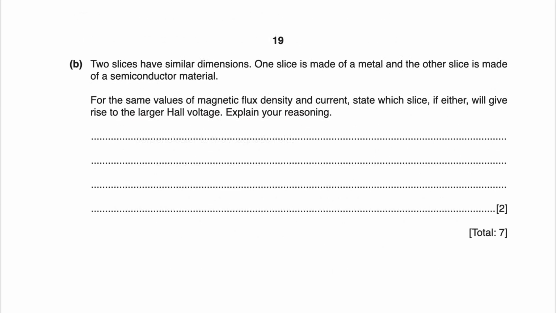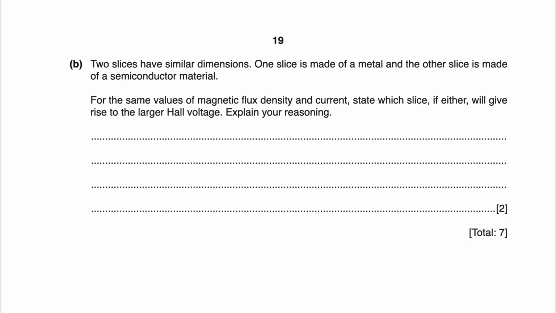Two slices have similar dimensions. One slice is made up of a metal and the other slice is made up of a semiconductor material. For the same values of magnetic flux density and current, state which slice, if either, will give rise to the higher Hall voltage. So the critical information here is one is metal, another one is semiconductor.